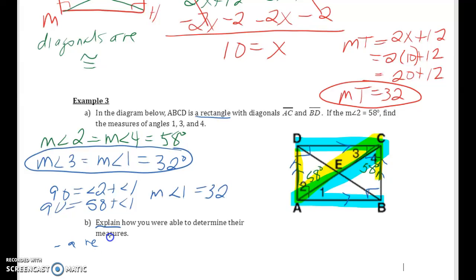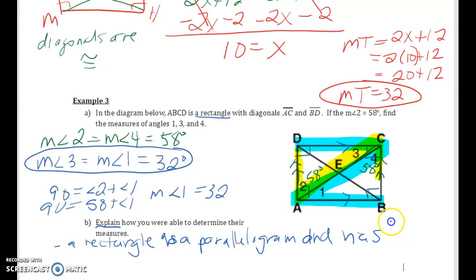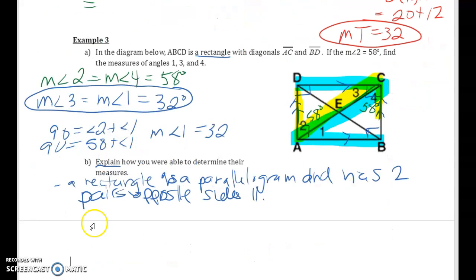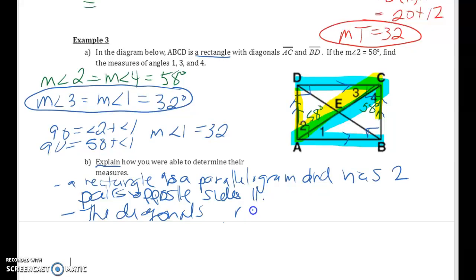So we know a rectangle is a parallelogram and has two pairs of opposite sides parallel, meaning that the diagonals form congruent alternate interior angles.